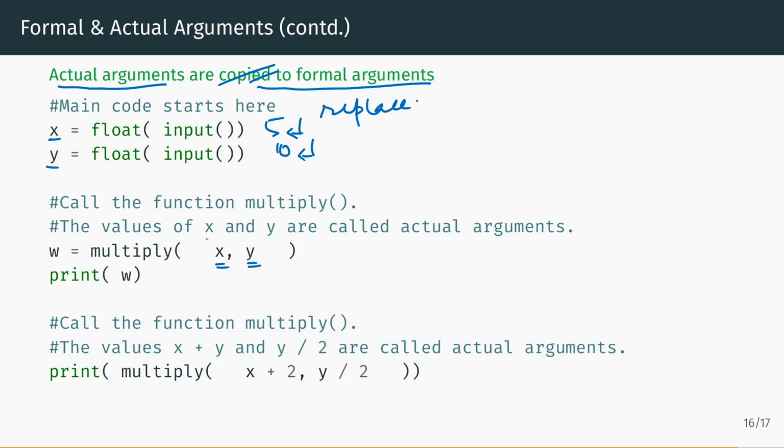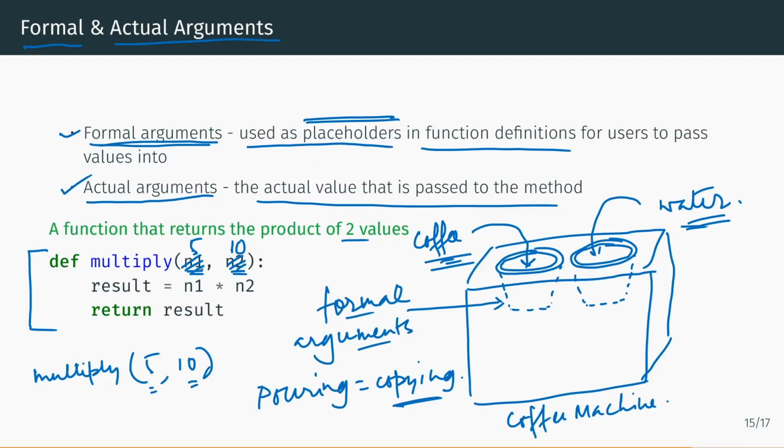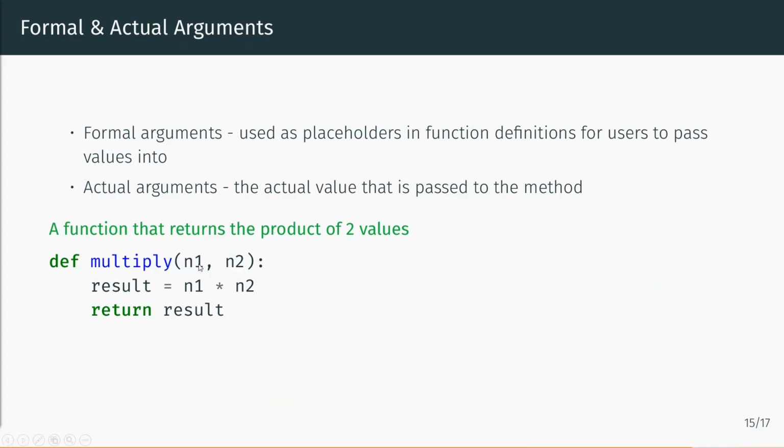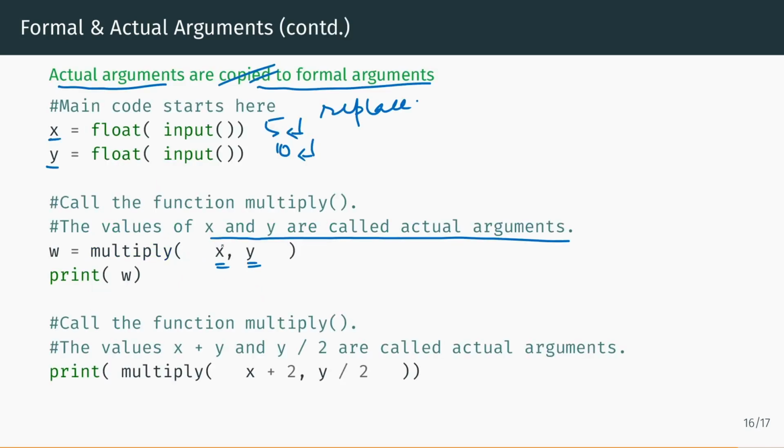So x and y are called actual arguments. In the definition of multiply, you have two placeholders n1 and n2, and you're replacing these placeholders with the values of x and y, which, let's say, are 5 and 10.